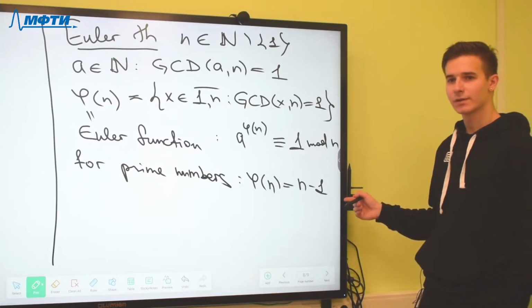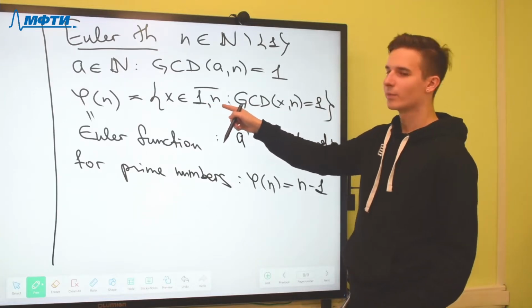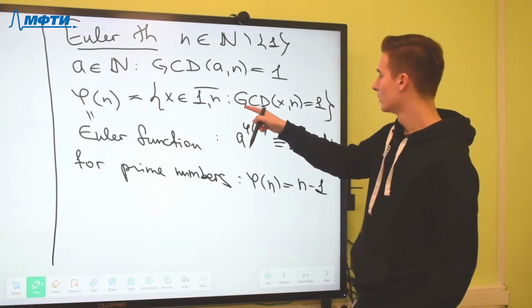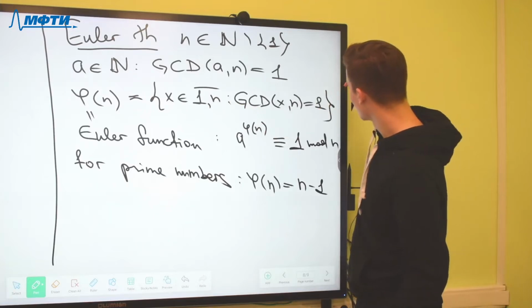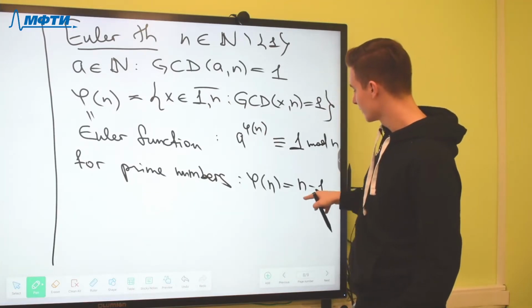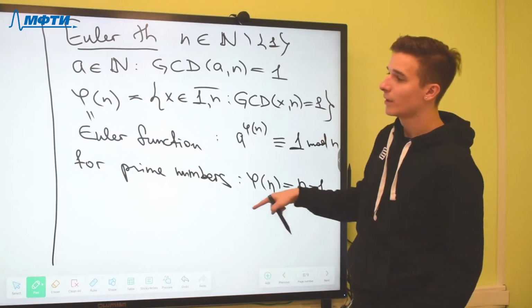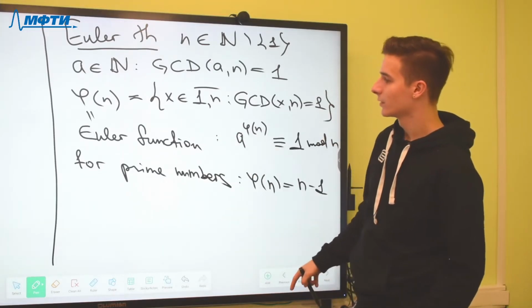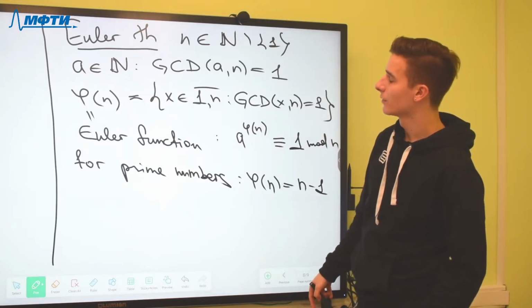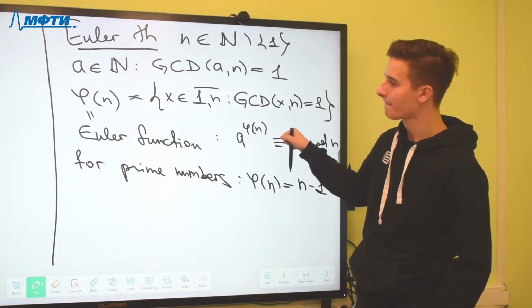Is it understandable that every number from 1 to n minus 1 holds this equation, and then we say that this function is equal to n minus 1. So Fermat-Little theorem is a corollary from this theorem.